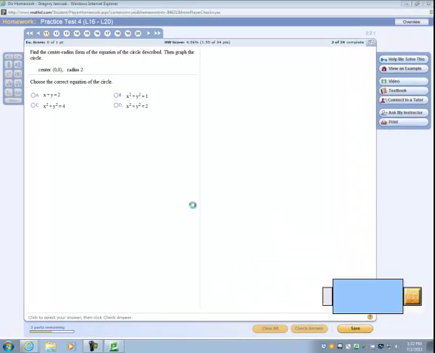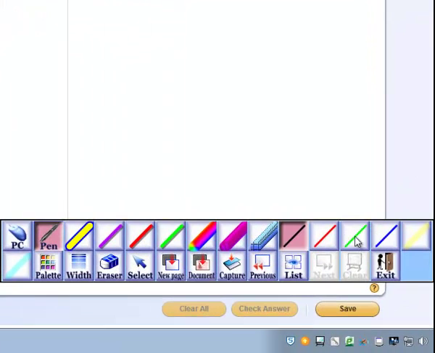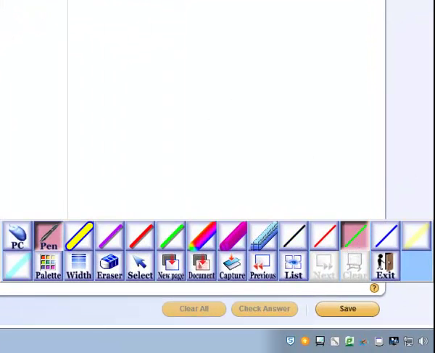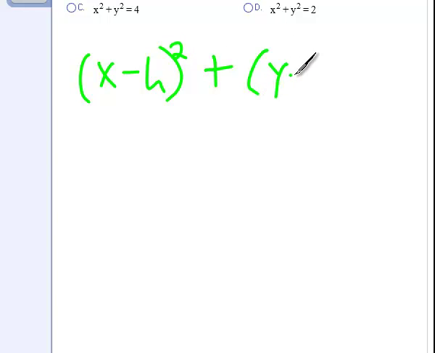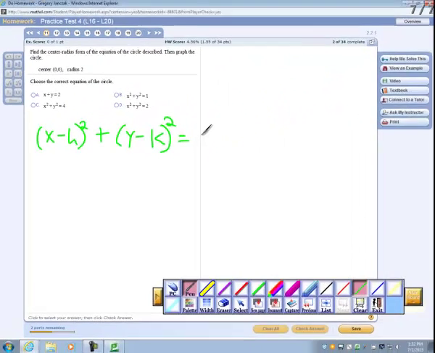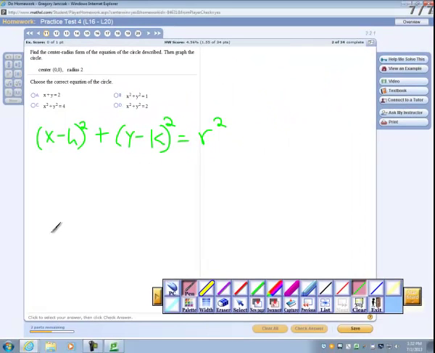Well, what is our equation of a circle? I'll give you a hint. X minus h, all right, then what? Squared. Parentheses squared. All right, then what? Plus y minus k, parentheses squared, equals, good, r squared.